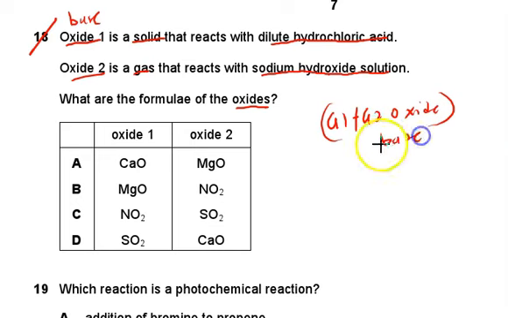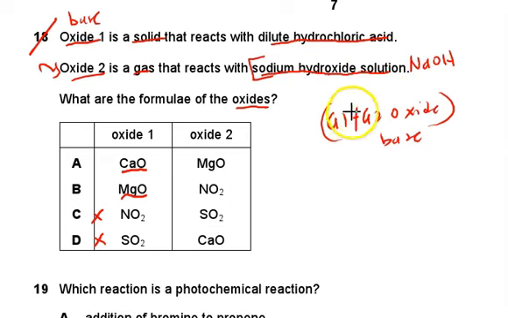They will have alkaline characteristics, which is suitable for calcium oxide and also magnesium oxide. So both of these are acidic, so this is wrong. And oxide 2 is a gas that reacts with the sodium hydroxide solution. So here your only answer will be nitrogen oxide. So it will form like a brown color. Okay, so your answer here will be B.